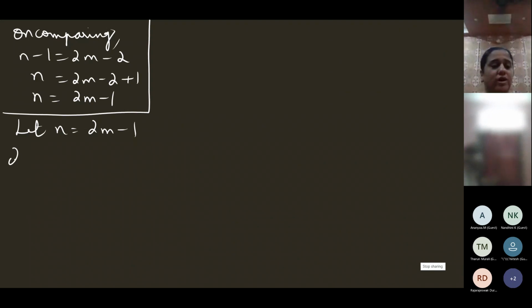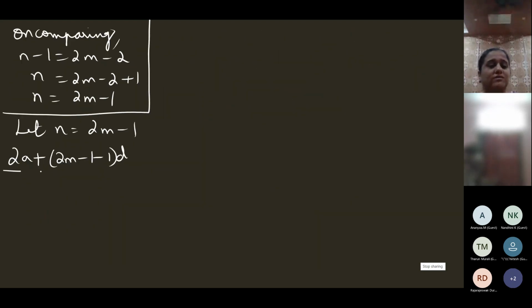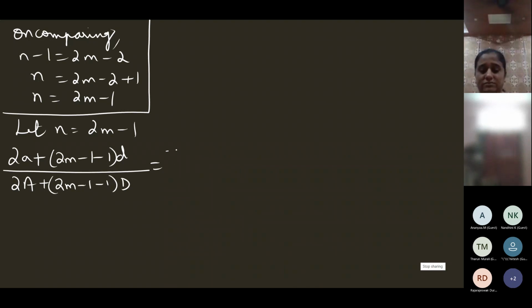So 2a plus, instead of n, tell me, 2m minus 1 minus 1, correct, into D, divided by 2a plus 2m minus 1 into capital D is equal to 7n plus 1 by 4n plus 27.